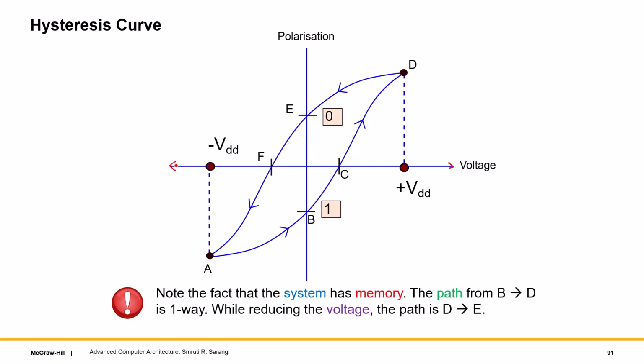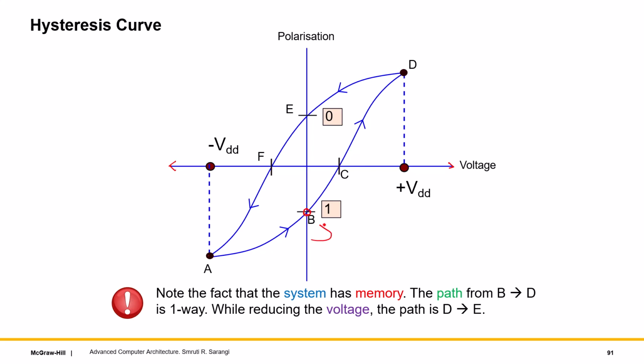So what is happening over here is that if we start from, let's say, point A, this is when the voltage across the material is negative, it's minus VDD. Then the direction of polarization is negative. Then the moment the voltage becomes zero, it remembers the polarization to be negative.